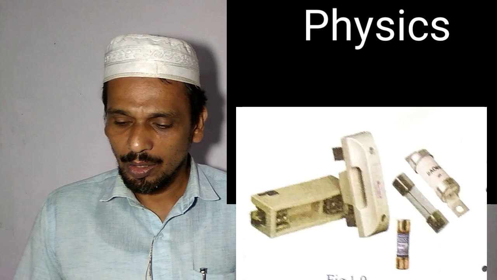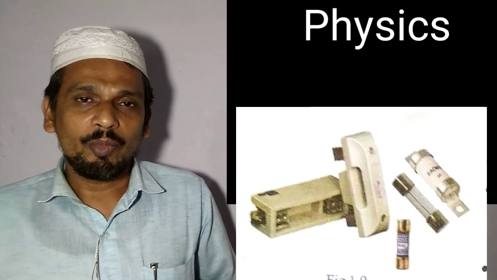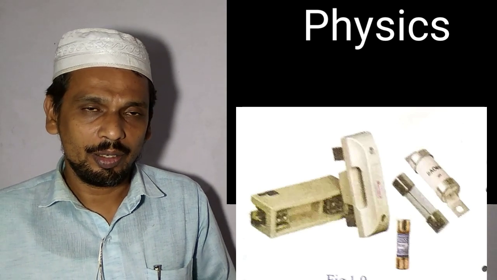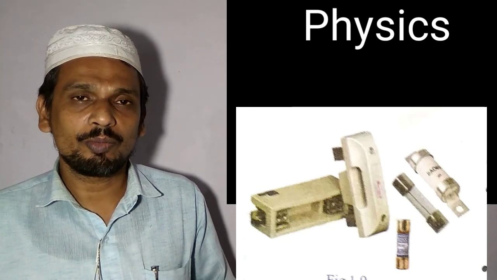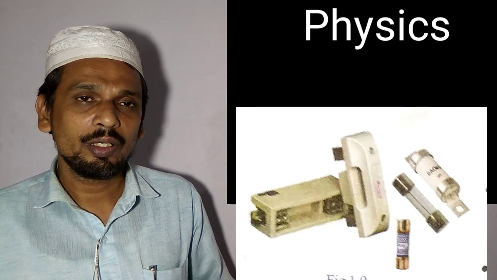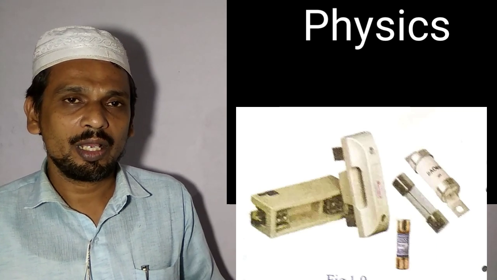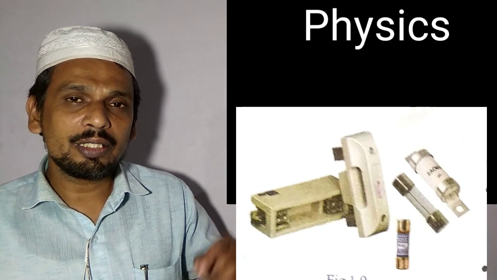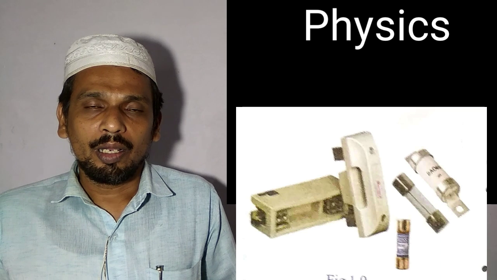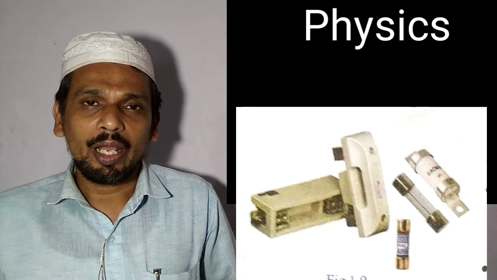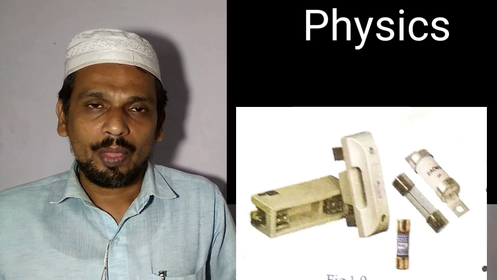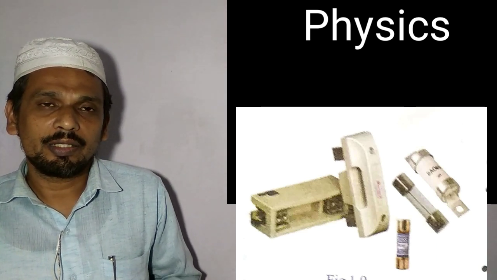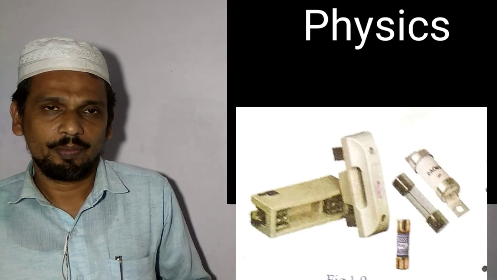For example, in amplifiers and all electrical devices, small and big fuses are used. Each fuse has the function that when the current in the circuit increases, it cuts the circuit and protects the appliances from the excessive current. That is the main function of a fuse.